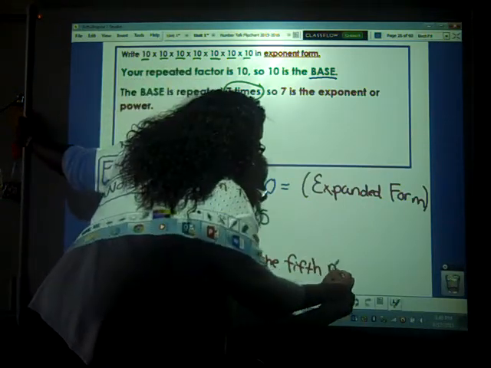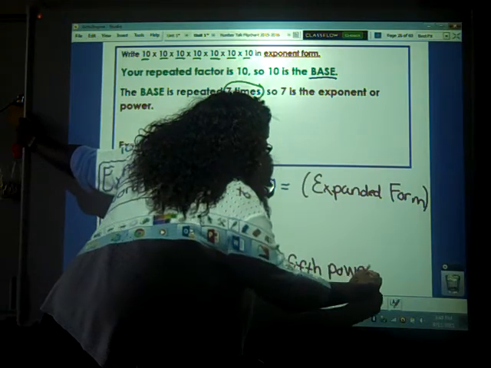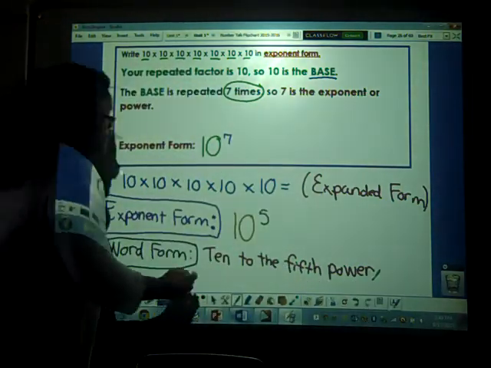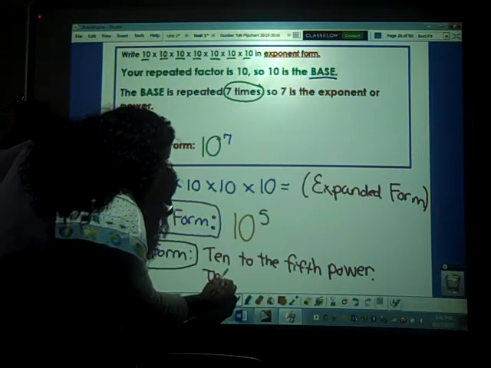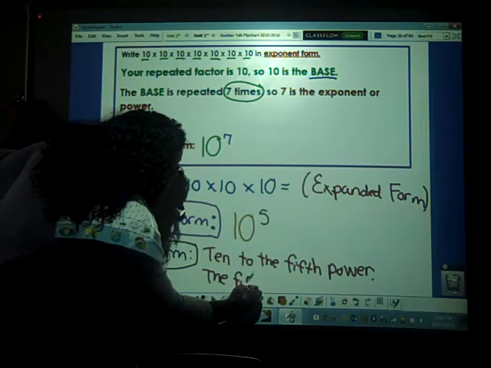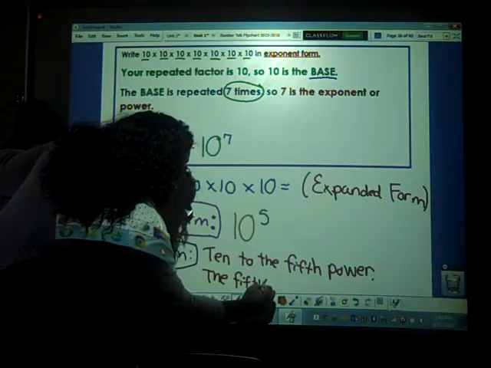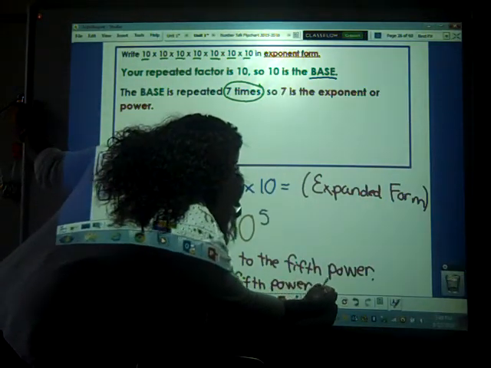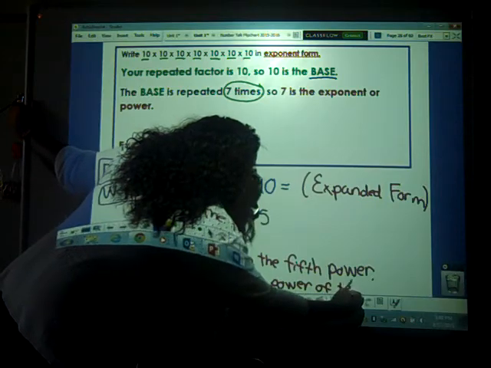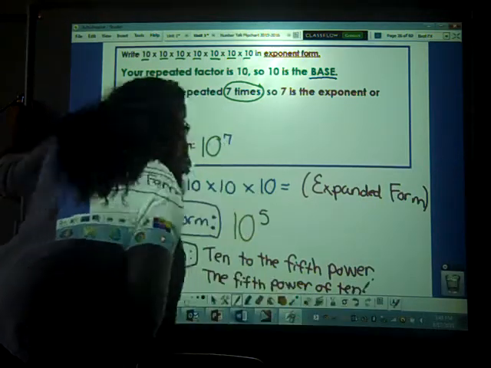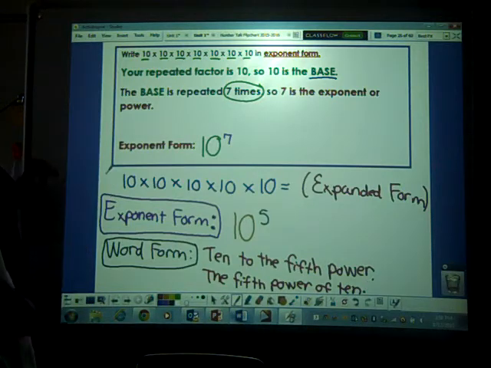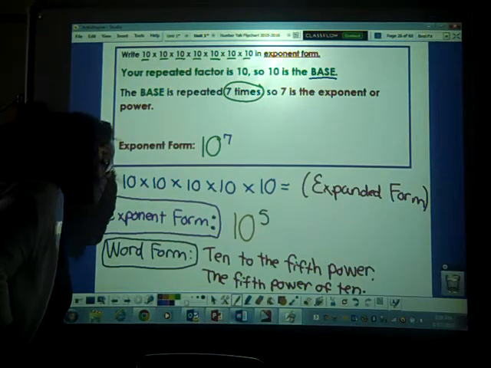It's kind of hard to write like this. 10 to the 5th power, or you can say the 5th power of 10.